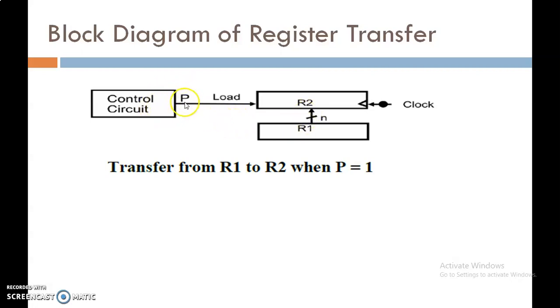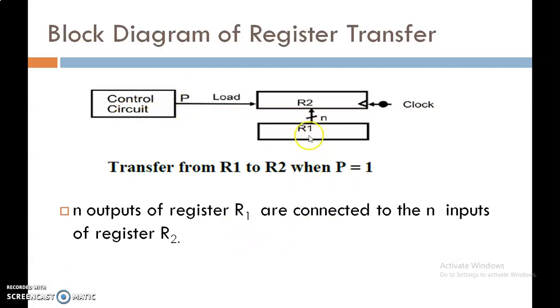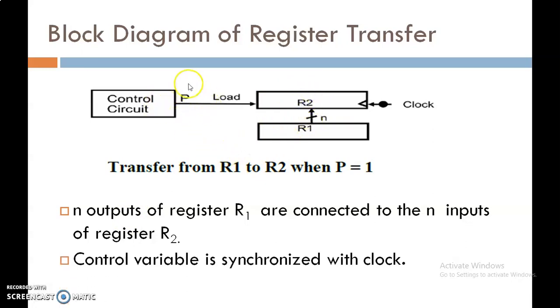The control signal P is generated from the control circuit. When P equals 1, then the n bits of output register R1 are stored in R2. N outputs of register R1 are connected to the N inputs of register R2. And second point, control variable P is synchronized with the clock.